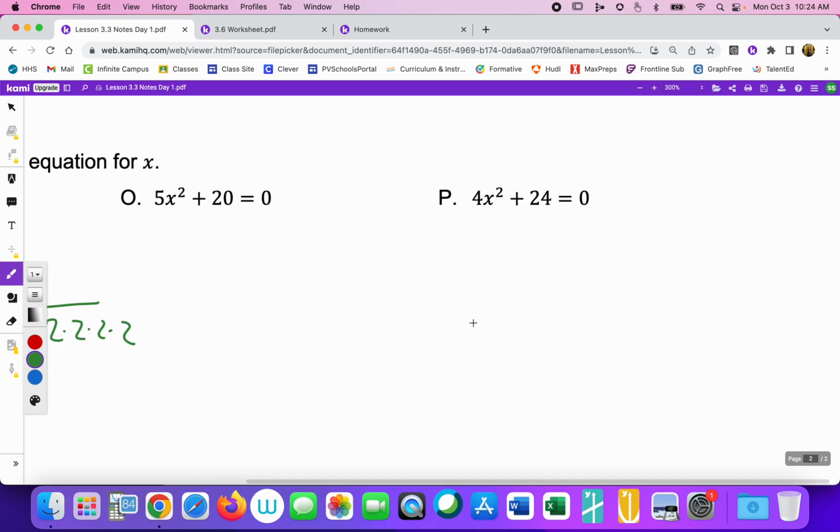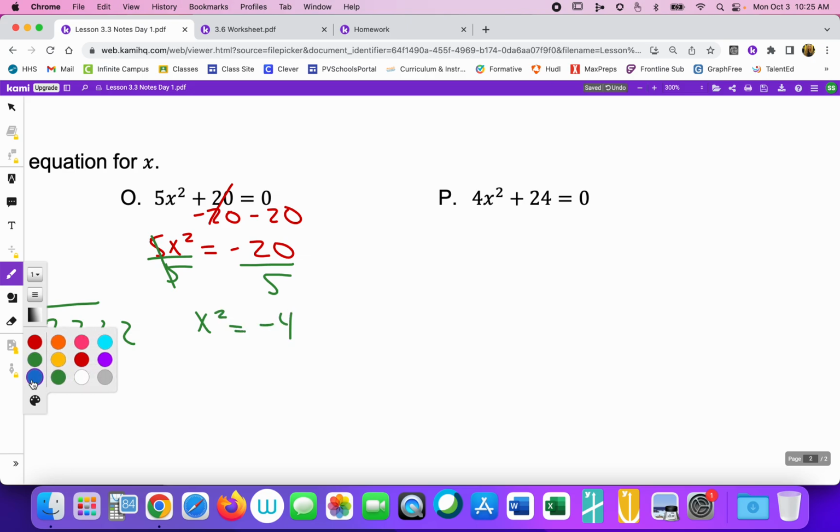All right. For the next one, what do we do first? Subtract 20. Make sure you're adding or subtracting first, unless there's parentheses, but I don't even think you'll get that. Then we would divide by 5. What's negative 20 divided by 5? Negative 4. Then we get rid of the square by taking the square root of both sides.